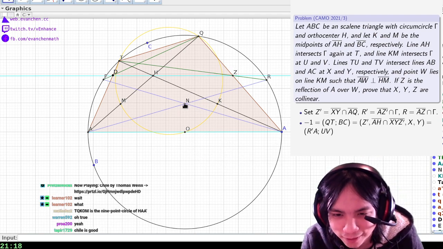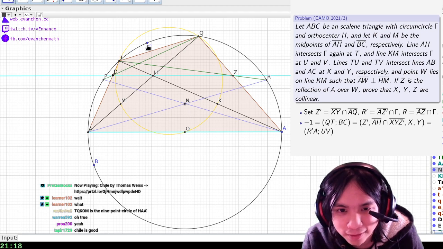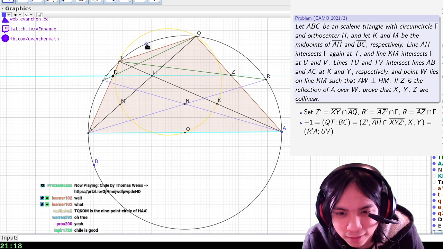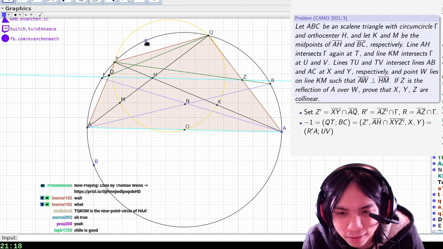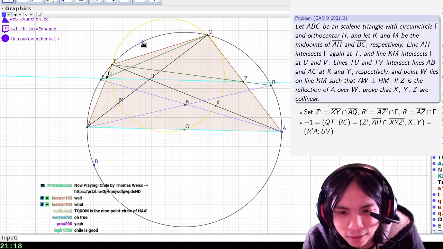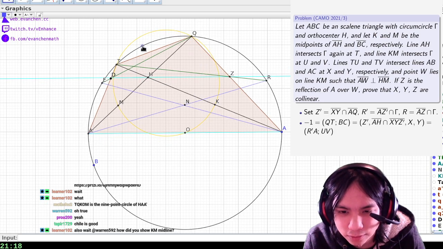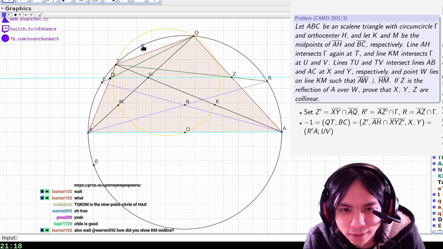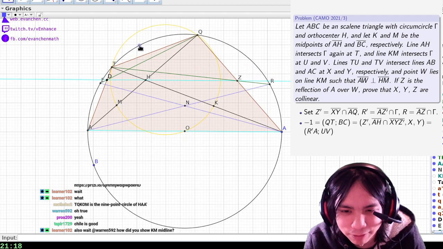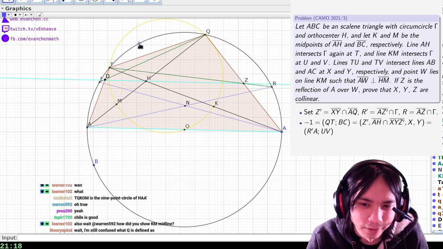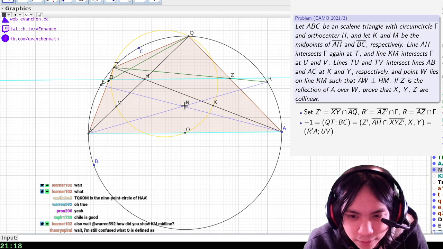Does that help? Yeah, also something's wrong with my definition of H again. Hang on, something went wrong. H isn't staying on there. Or N, it's not N.